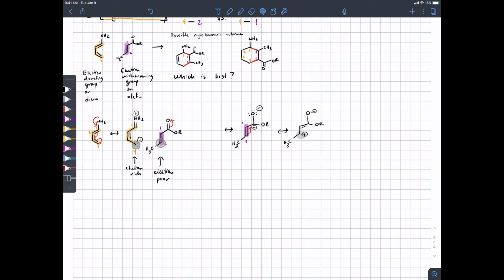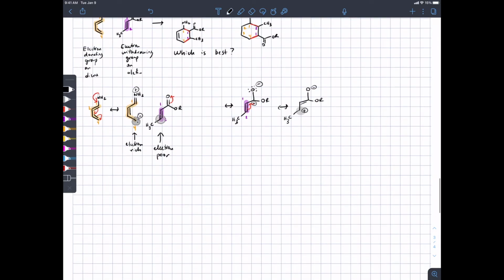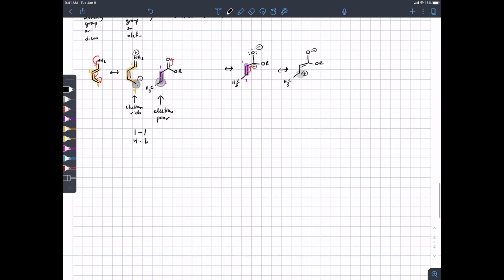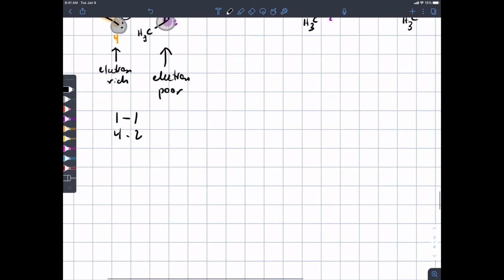So that means that we're preferentially going to form a bond between 1 and 1 and between 4 and 2. Because the other approach would not have the electron-rich portion of the diene line up with the electron-poor portion of the olefin.